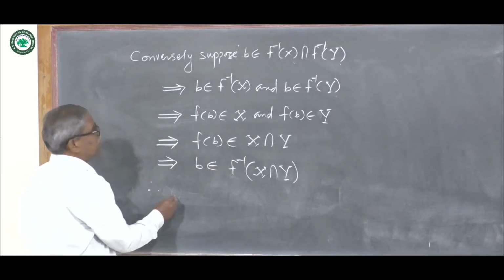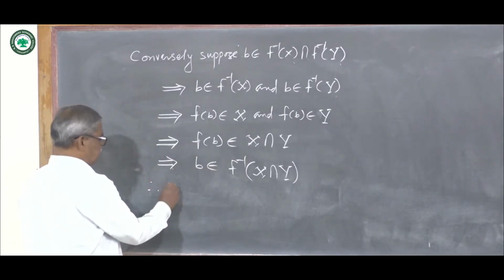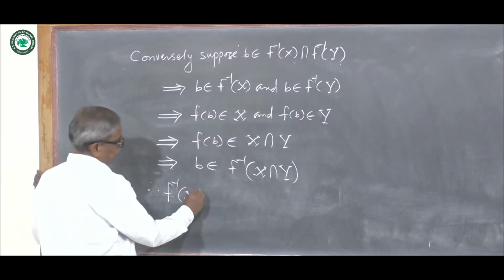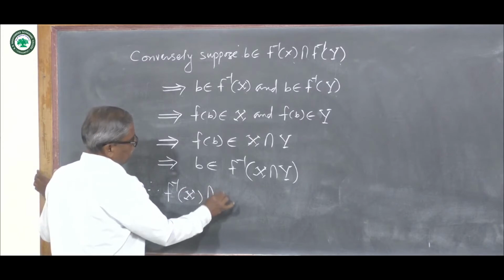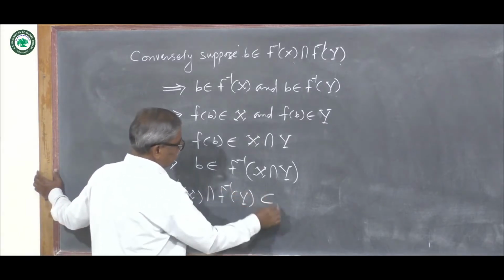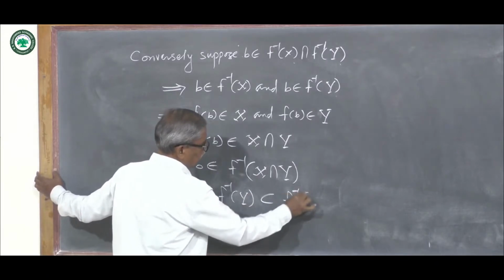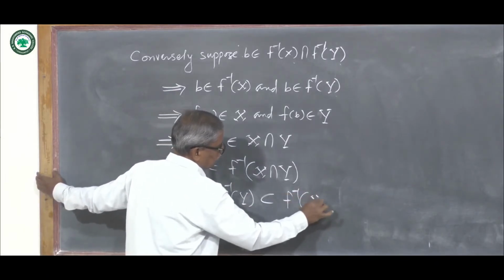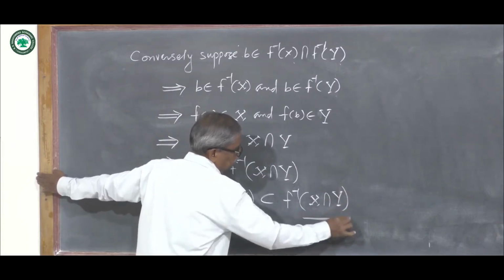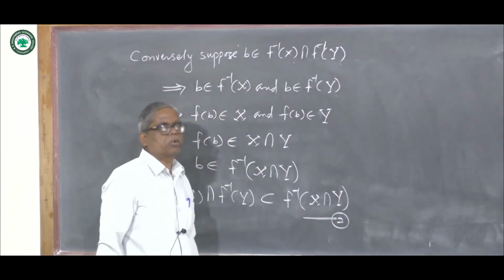Therefore, we write f inverse of X intersection f inverse of Y is a subset of f inverse of X intersection Y. This is second.